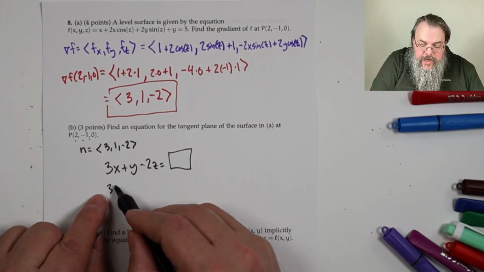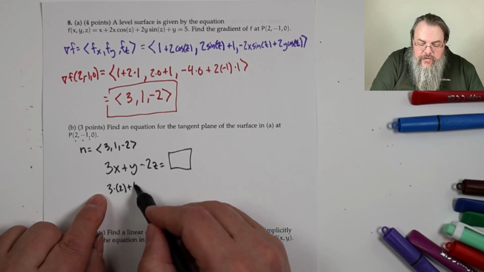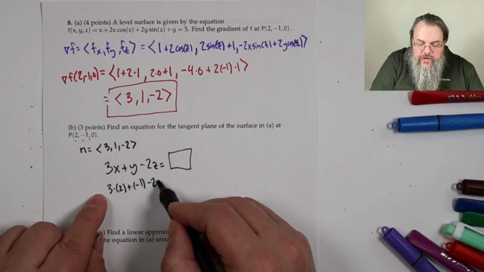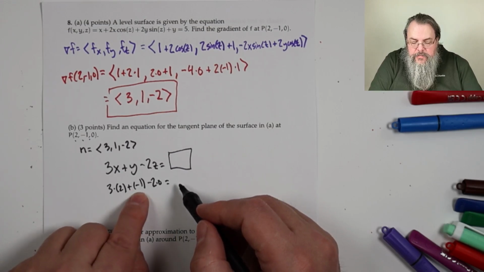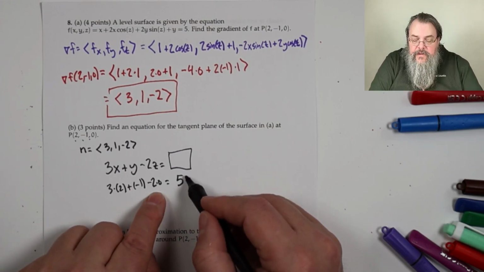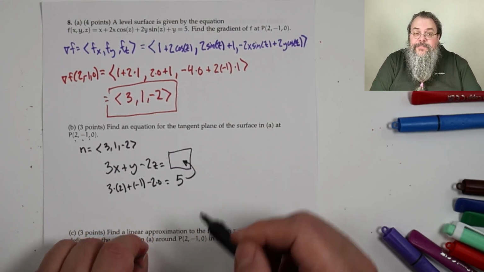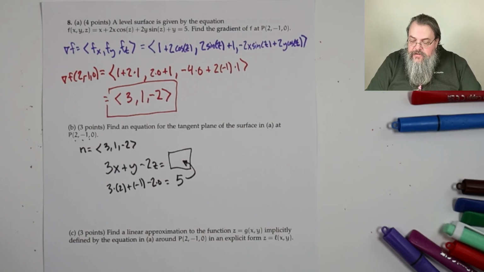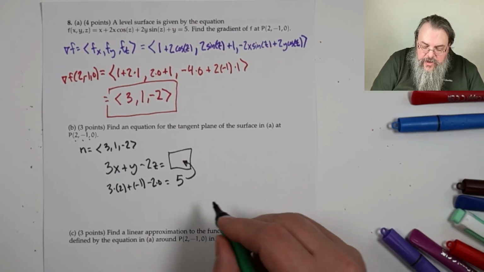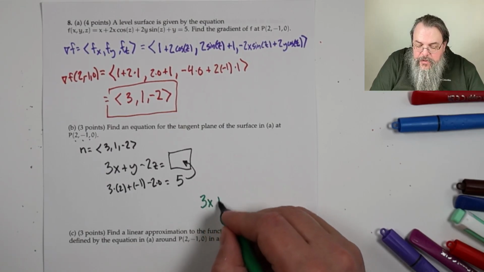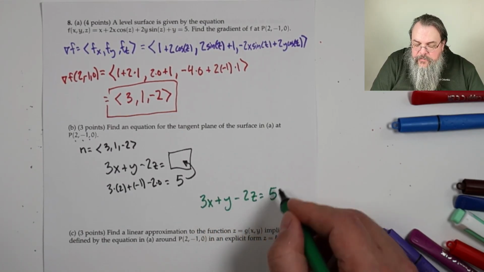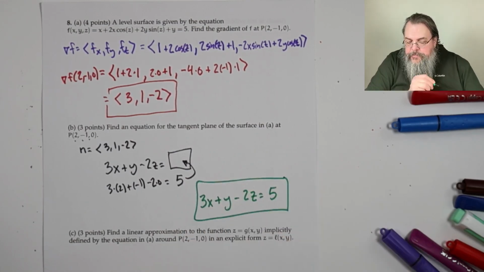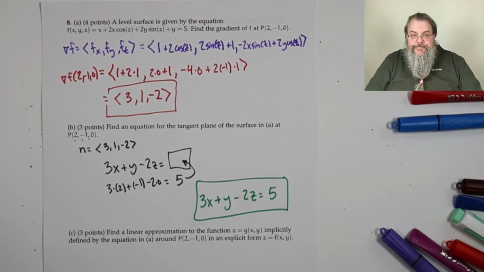So 3 times 2 plus negative 1 minus 2 times 0, well, that's 6 minus 1 minus 0, which is 5. So that's what goes into the box, which leads us to our answer of 3x + y - 2z = 5. All right, that's part B.